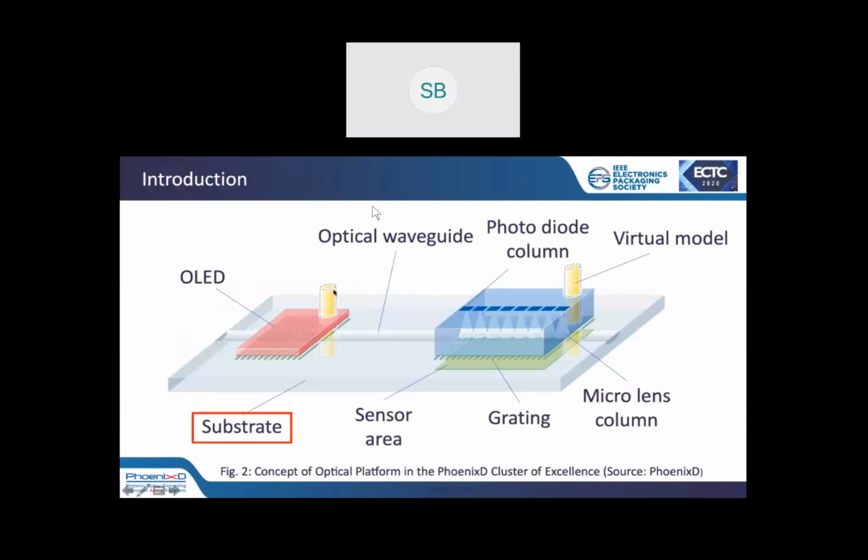We can have also OLEDs or LED active components, which are bare-diced or housed, as well as photodiodes and other optical components like lenses and so on. So we will focus on the substrate in this presentation.